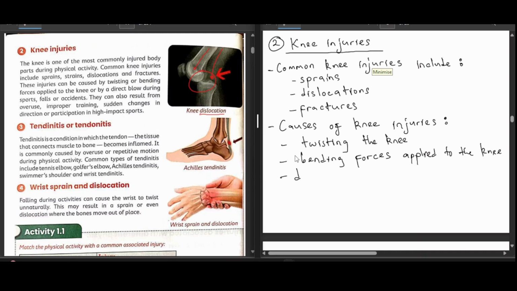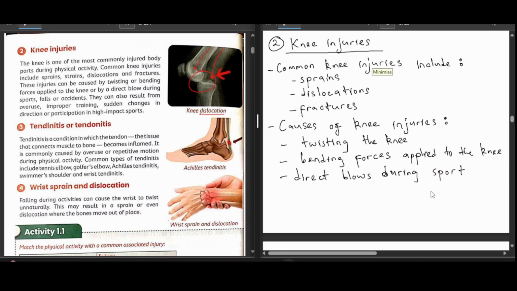Then we talk about direct blows during sports. Let's take an example: being hit by a baseball, let us say, in an area where you did not wear the protective clothing that should be worn when playing baseball. That can lead to a knee injury.